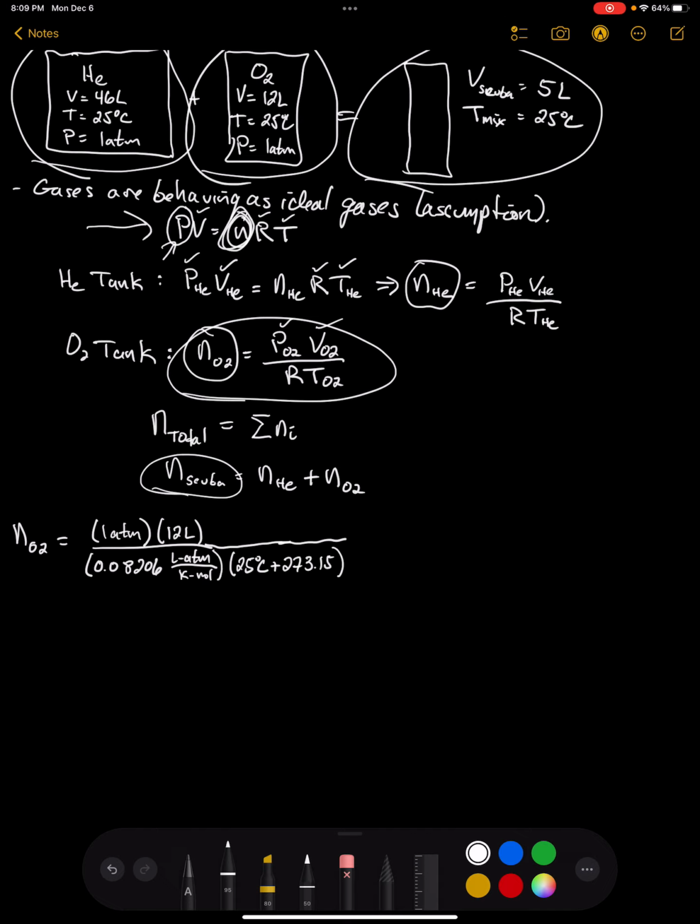And I use my calculator to figure this out, and I get that the number of moles of oxygen in my scuba tank is 0.49 moles.